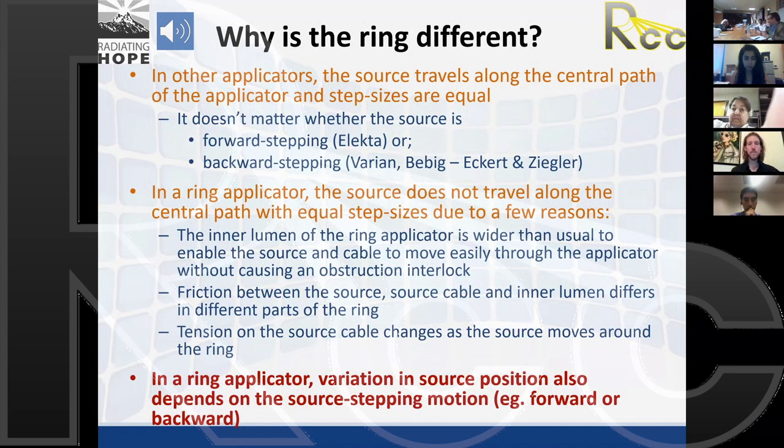Friction between the source cable and the inner lumen also differs in different parts of the ring as the source travels through it. The tension on the source cable also changes as the source moves around the ring. In a ring applicator, this variation in source position will also depend on whether the source is stepping forwards or backwards through the ring applicator.